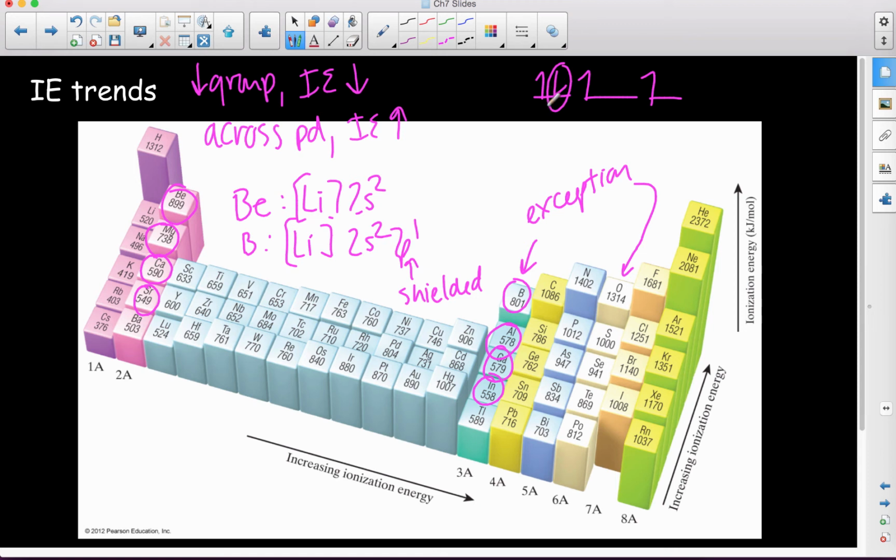They're both negative charges hanging out in a relatively small shared space, which is why the first of my paired electrons is a little bit easier to remove due to electron-electron repulsion. By here, the increased Z effective has mitigated that, and that's not really an issue anymore, okay? So those are our ionization energy trends.